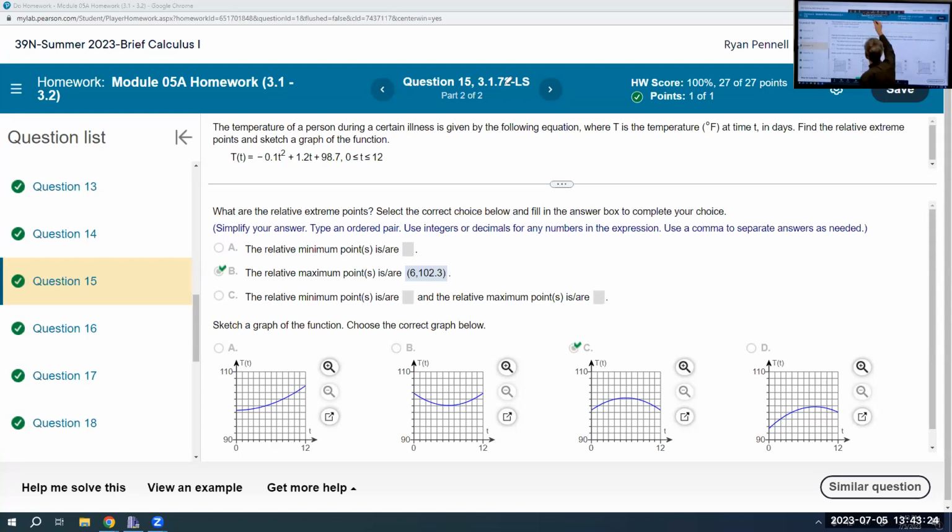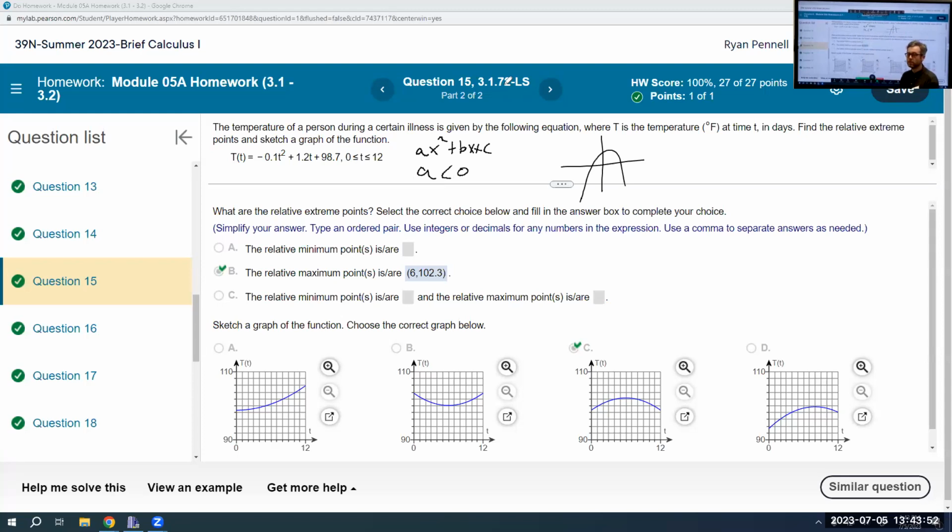I do notice, and this might take a little bit of refreshing, that this is a parabola. You notice the a term that we talk about with ax squared plus bx plus c, the general quadratic. a is negative in this, which means you have a parabola that looks something like that.